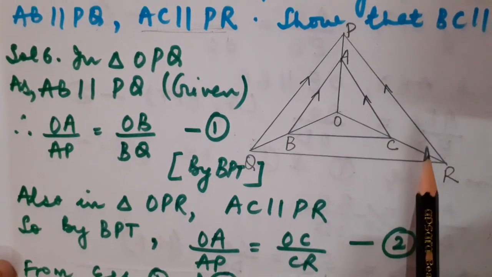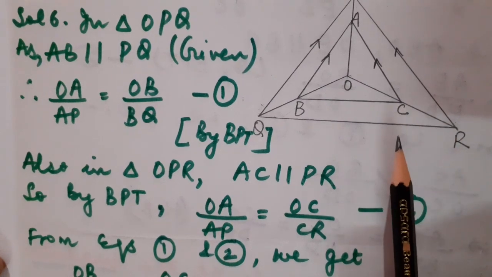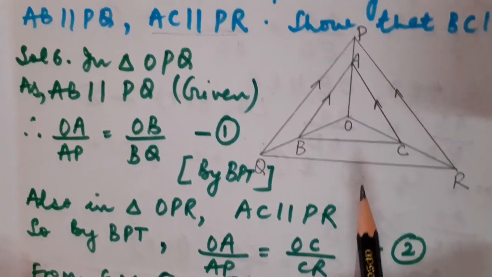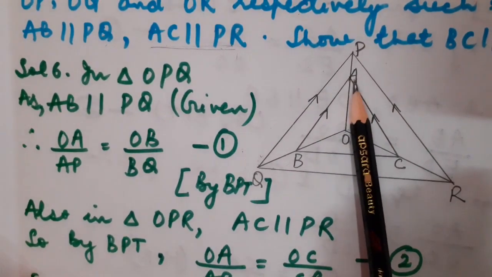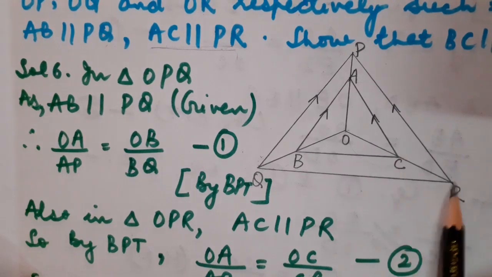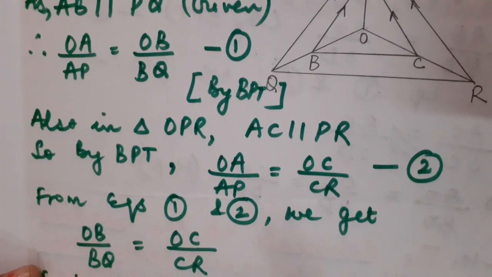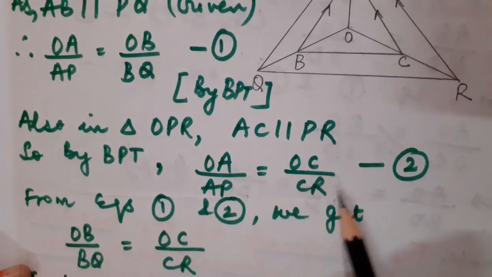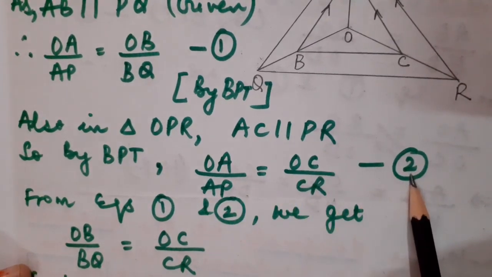So let us apply basic proportionality theorem. According to BPT or according to Thales theorem, we can say that OA upon AP is equal to OC upon CR. Have a look. OA upon AP is equal to OC upon CR. So let us consider it as equation number 2.